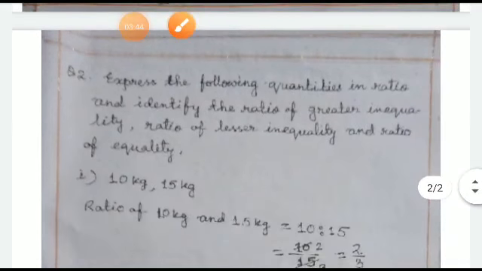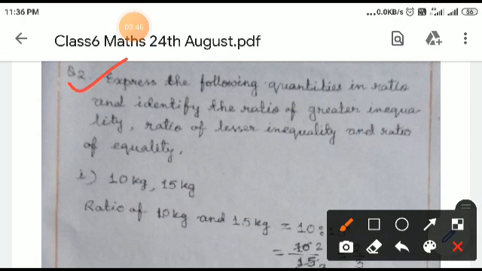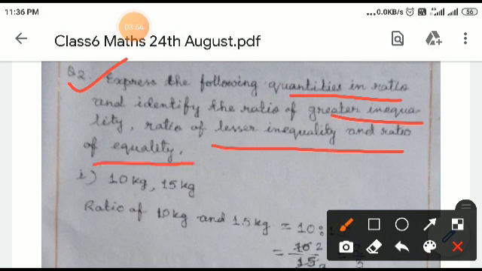Now sum number 2. Express the following quantities in ratio and identify the ratio of greater inequality, ratio of lesser inequality and ratio of equality. So there are different types of ratio.